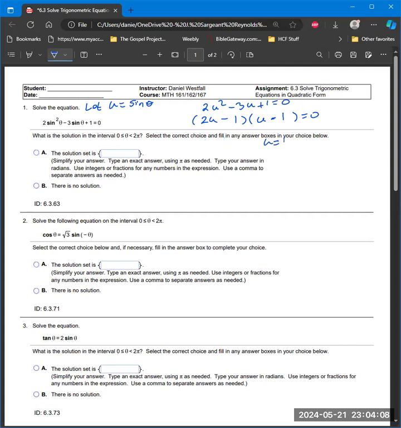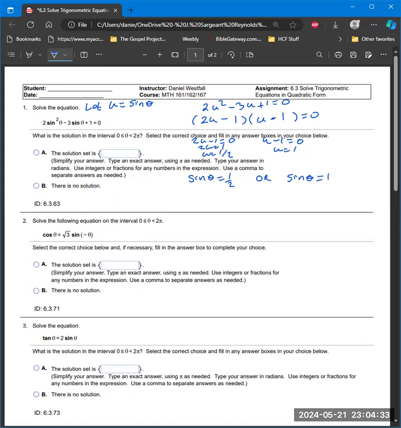I know I skipped some steps, so let me go ahead and do that. 2u minus 1 equals 0, 2u equals 1, u equals 1/2; u minus 1 equals 0, u equals 1. Let's come back and substitute back and say that means sine theta equals 1/2 or sine theta equals 1.